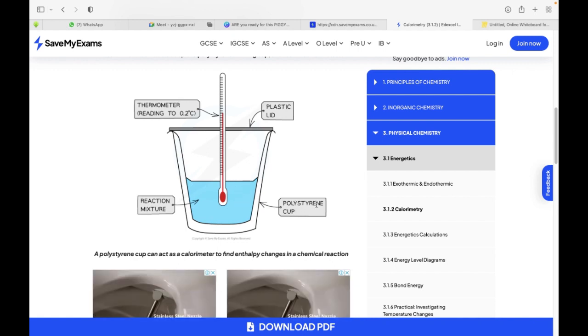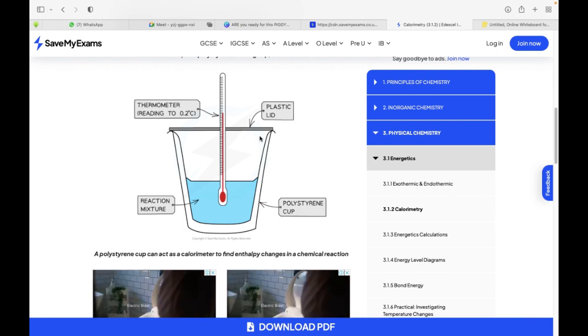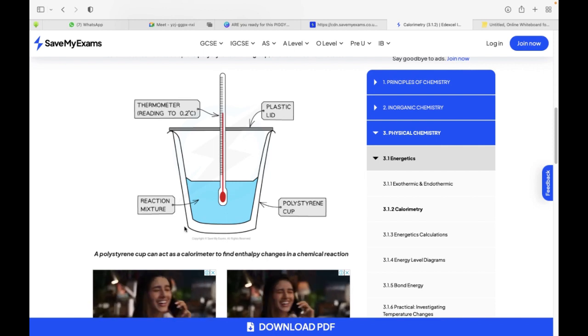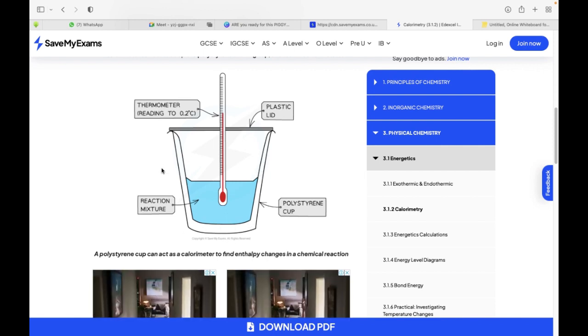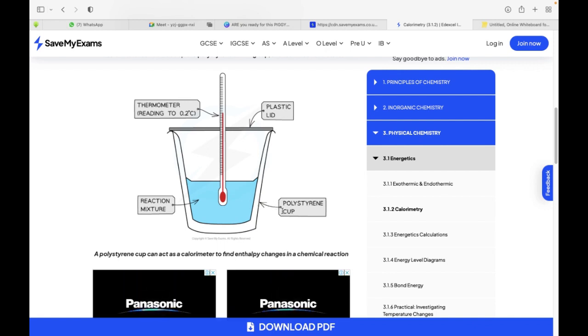We also have a polystyrene cup to prevent heat loss. These are all insulating materials, because plastic is an insulator, not a conductor. So the essence of using this polystyrene material is to prevent heat loss in the process.